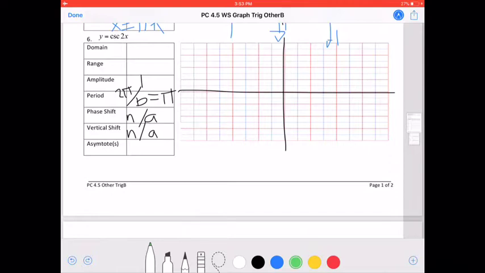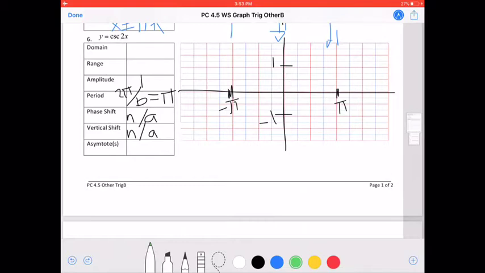So as I said for number 5, I like a short, fast way of just putting a tick mark halfway up and halfway down the y-axis, and that would be our amplitude, so 1 and -1. And then likewise on the x-axis, put 2 tick marks halfway on the right and the left, and we can just put our period there. So pi and -pi, because we're on the left.